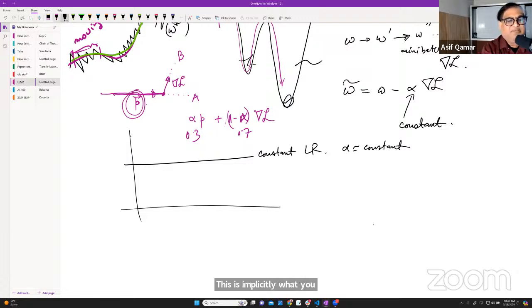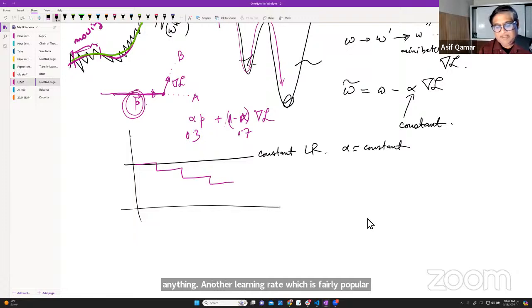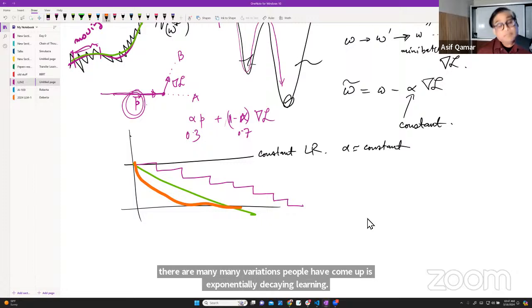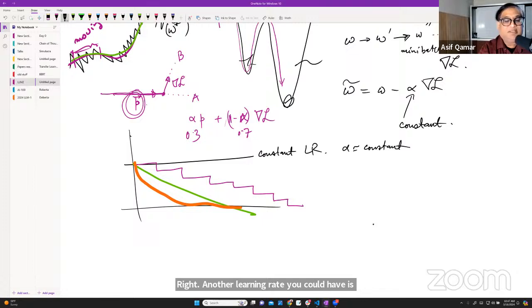This is implicitly what you do when you don't do anything. Another learning rate, which is fairly popular, is you go like this. Your learning rate keeps decreasing, and so on and so forth. Right? Another learning rate is you go like this. Another learning rate that's fairly popular, and again, there are many, many variations people have come up with, is exponentially decaying learning rate. Right? Another learning rate you could have is, I'm running out of colors now.